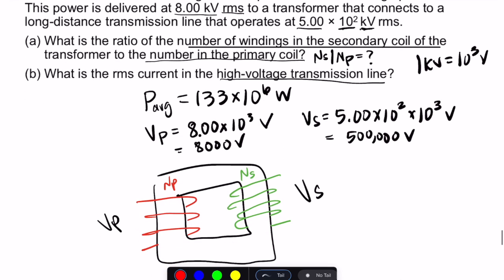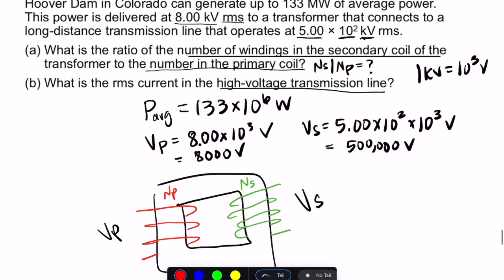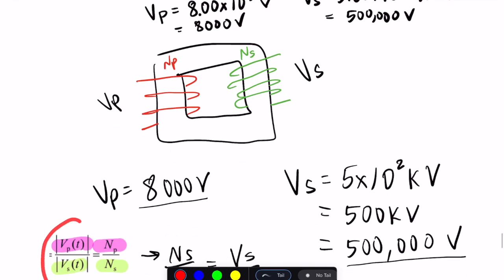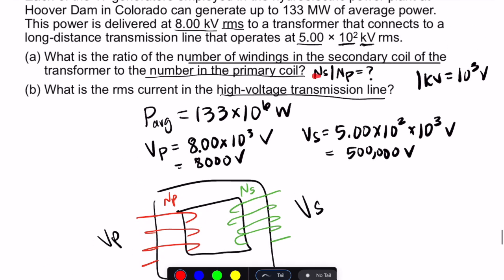So here's our transformer. What we want to do is find the ratio of the windings. Well, we know how the voltage ratios are related to the windings, through this equation right here. So I want to solve for NS over NP.